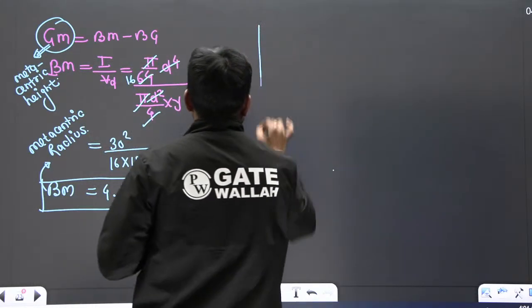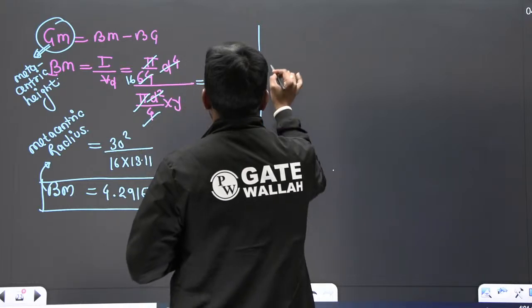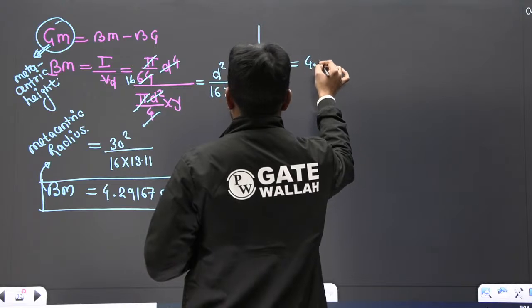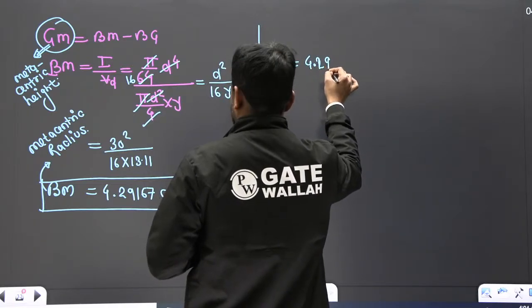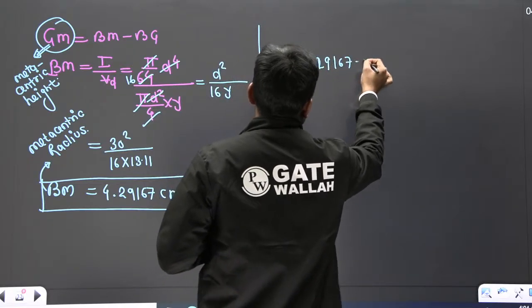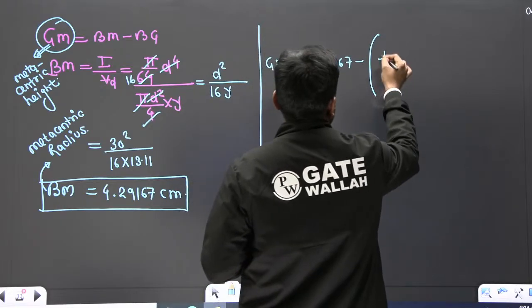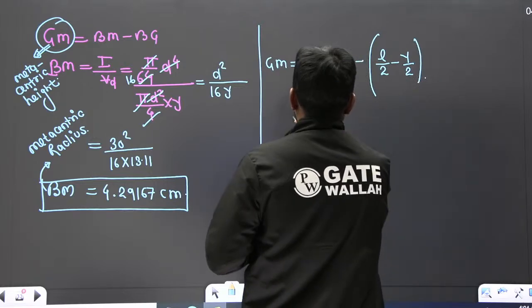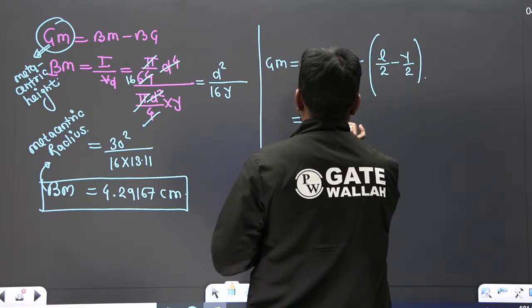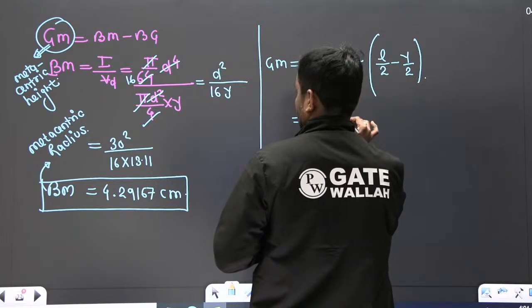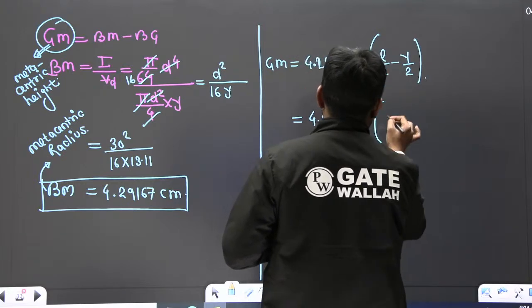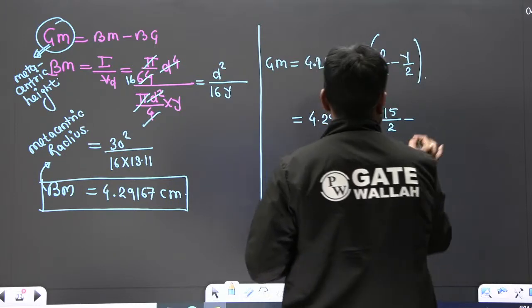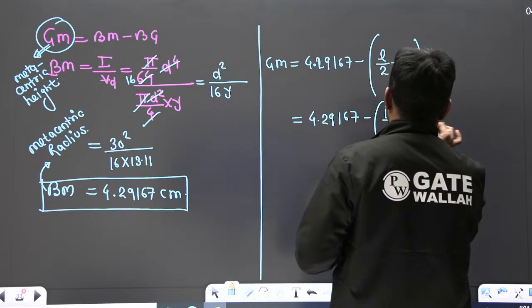And what about the BG? Let me write GM is equal to BM minus BG, which is 4.29167 minus BG, where BG is L by 2 minus Y by 2. So 4.29167 minus L, where L is 15 divided by 2, minus 13.11 divided by 2.